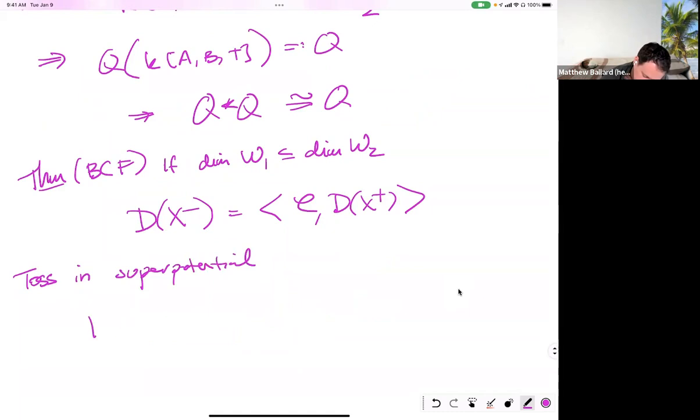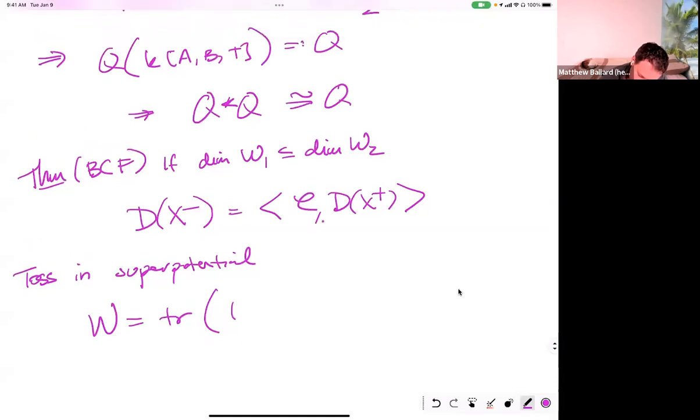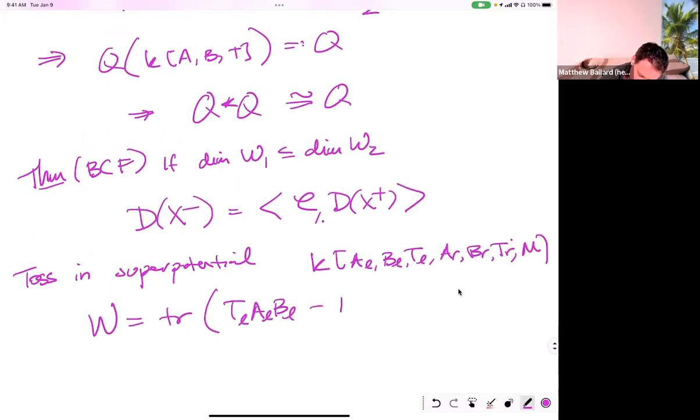So let's toss in the superpotential where I take the trace of, so I have this as a module, let's say left, right, and then a copy of M. So let's say we'll do left AL BL minus R BR AR.